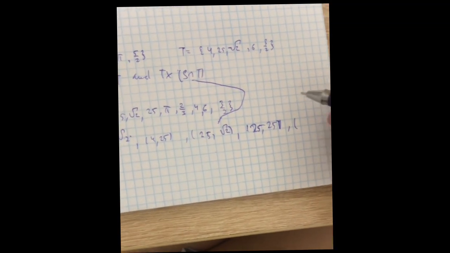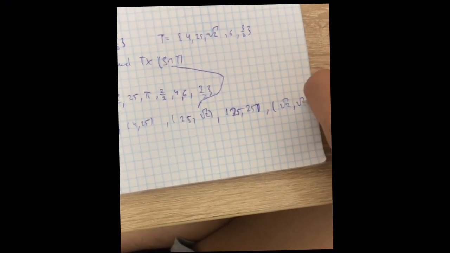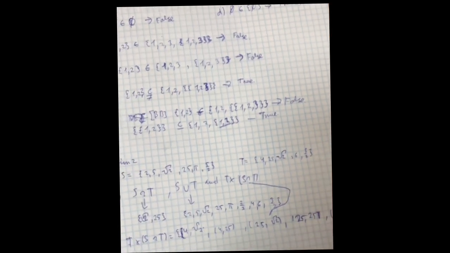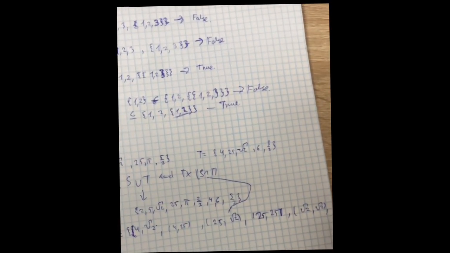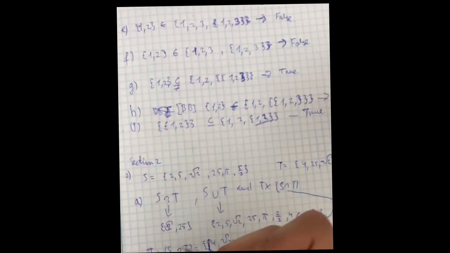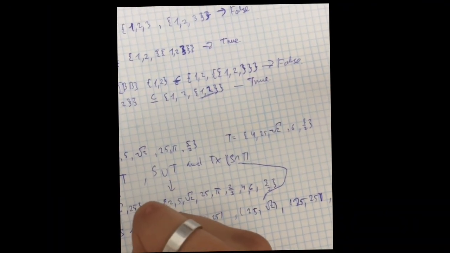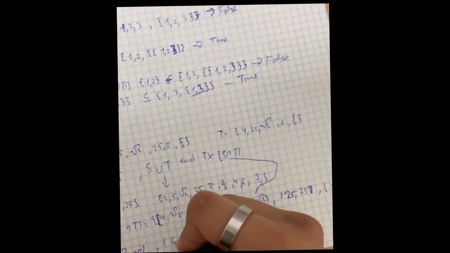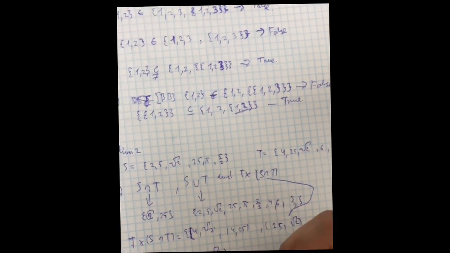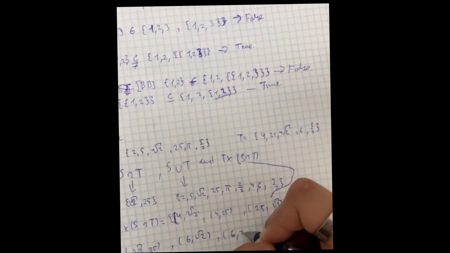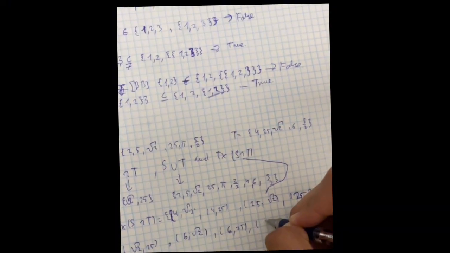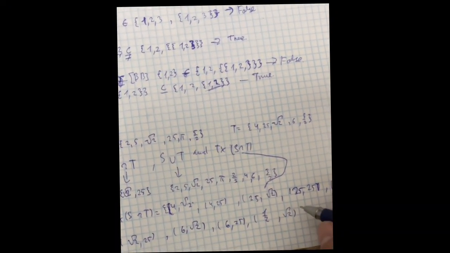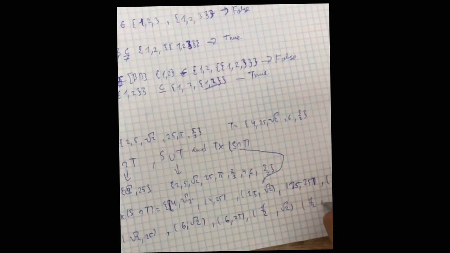The next pair is square root of 2 and the square root of 2, and the next pair is square root of 2, 25, and the next is 6 and square root of 2, then 6 and 25, and then 1 over 2 and square root of 2, and 1 over 2 and 25.